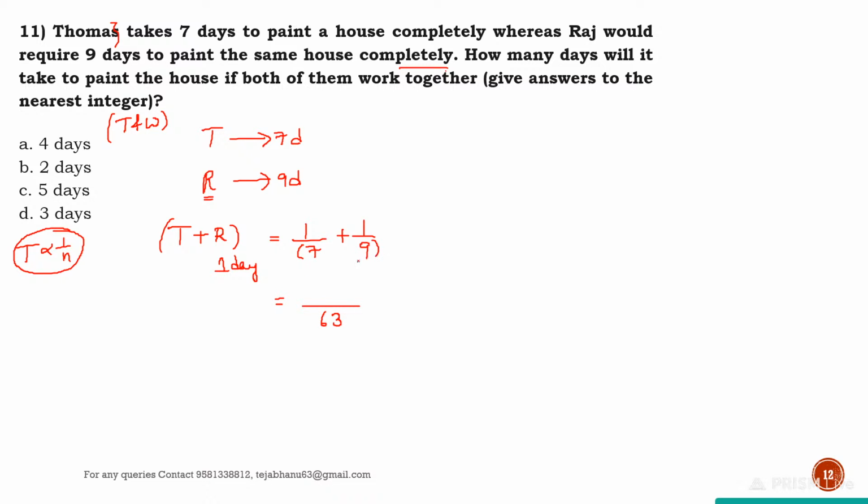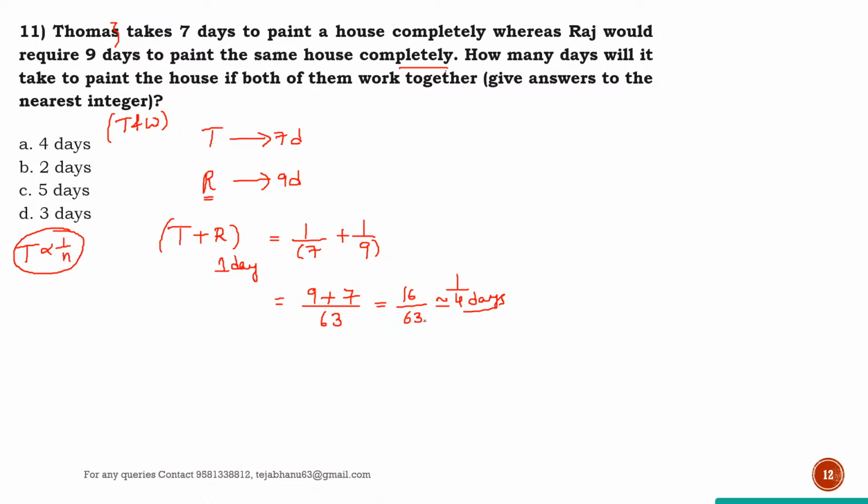As 7 and 9 are co-primes, their multiplication is the LCM. So 63: 7 goes 9 times and 9 goes 7 times, which is 16/63. 16 fours are 64, so approximately 4 days.